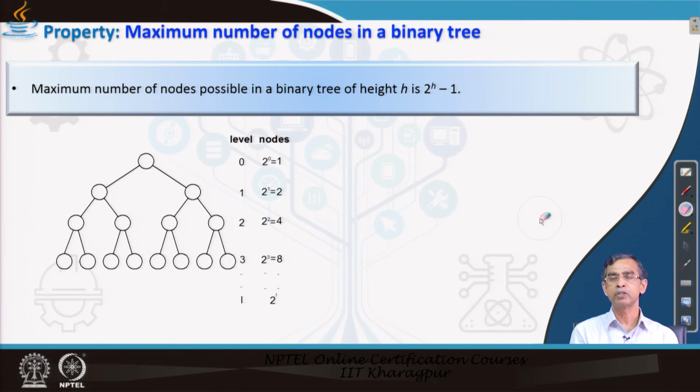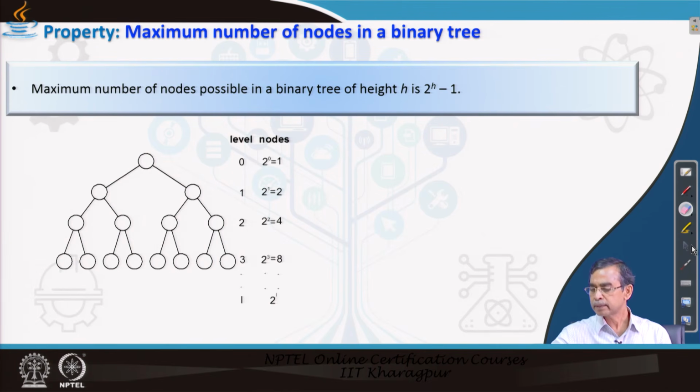So in the case of a skewed binary tree with height h, the number of nodes is h. So if n nodes are there in a binary tree, its height is n if it is a skewed binary tree; you can verify that again.